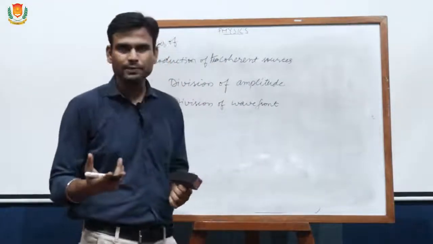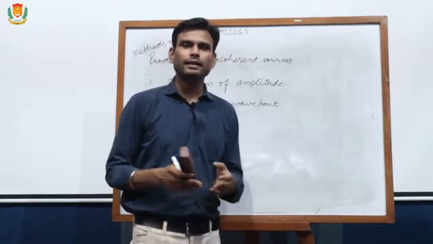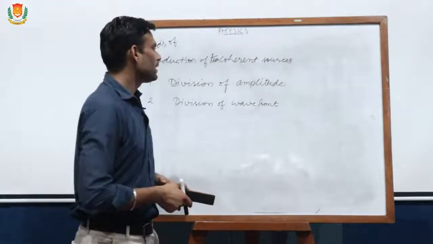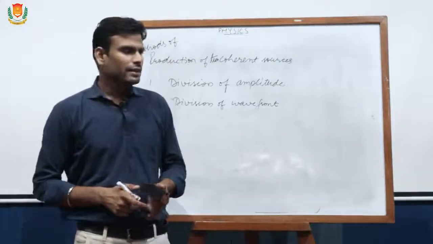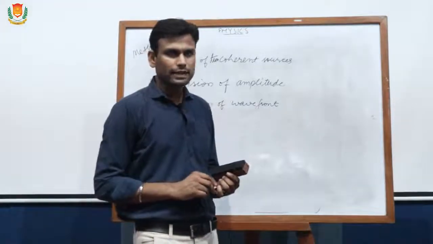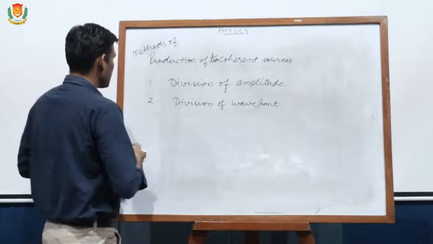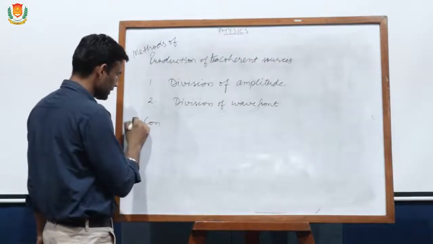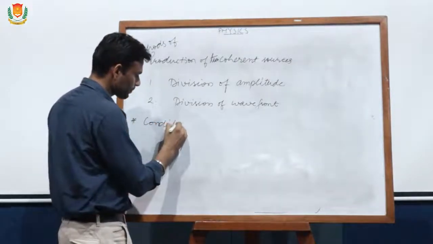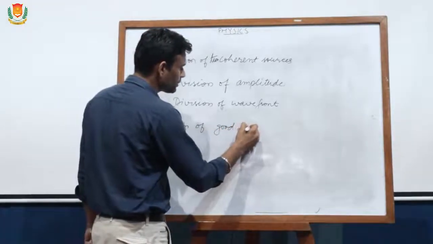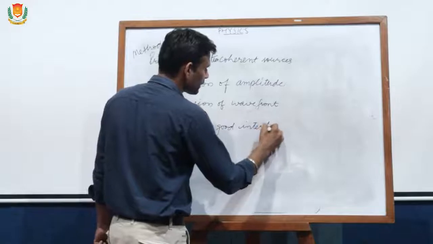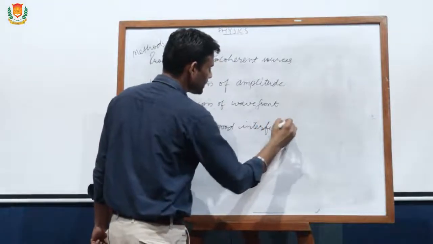So the intensities may vary, and due to variation in the intensities of the individual waves, we will not have a sharp interference pattern. There are some conditions of good interference pattern. We will also study the conditions of good interference.